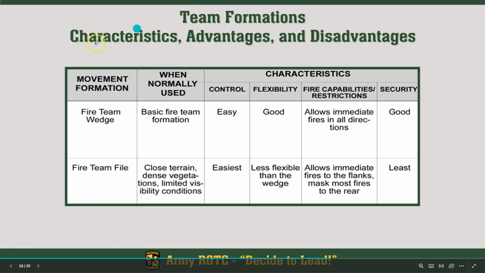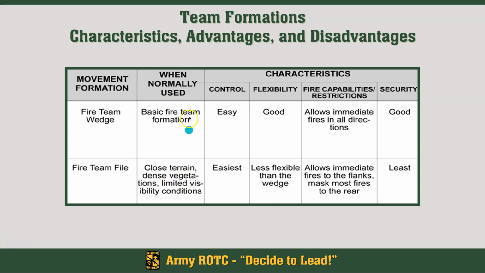Now this chart here probably looks familiar from the video. This is going to tell you when we use each formation, and how those four characteristics and purposes of formations are seen in each formation type. So the wedge is our basic team formation with easy control, good flexibility, firepower in all directions, and good security.